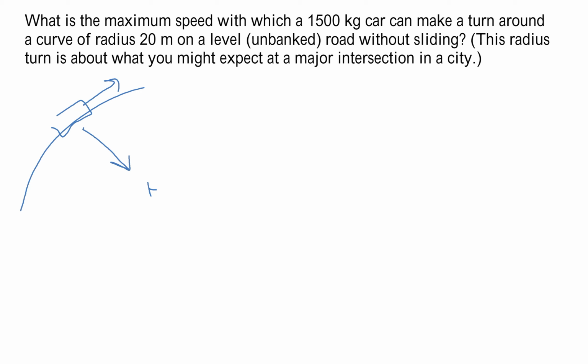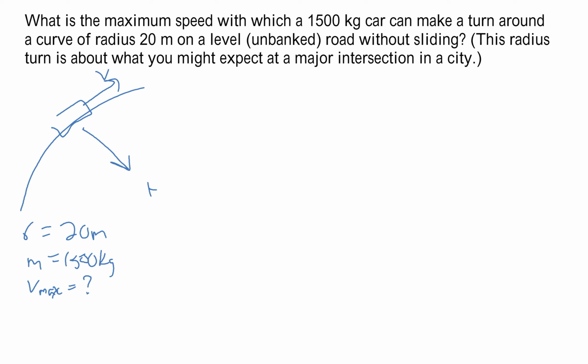Okay, so we have velocity here. We have the radius of the curve, which was 20 meters. We have mass, 1,500 kilograms. And we're looking for V max, the maximum velocity that we can go.